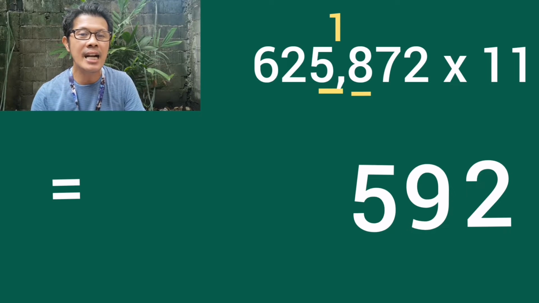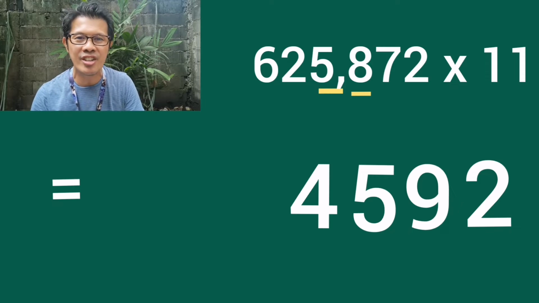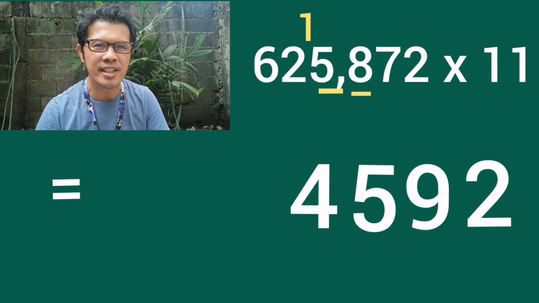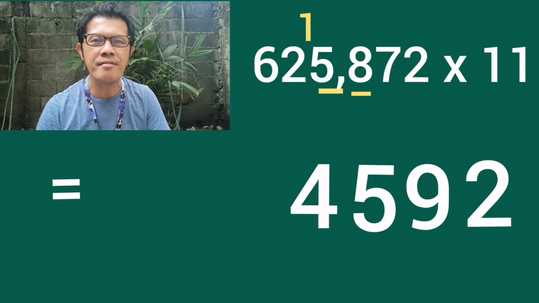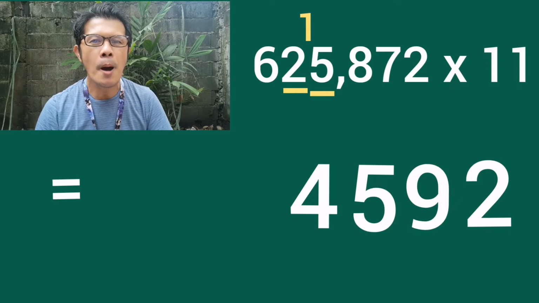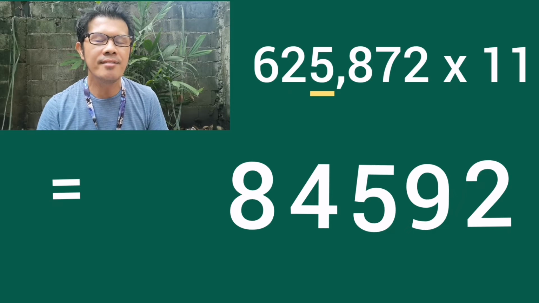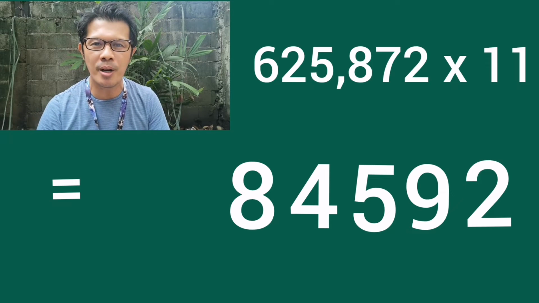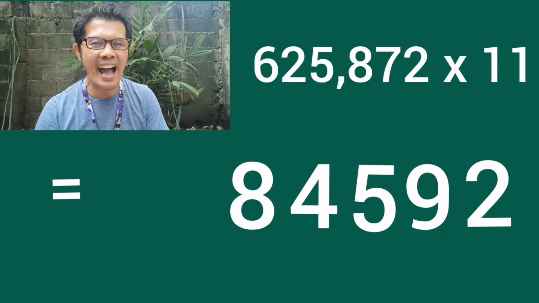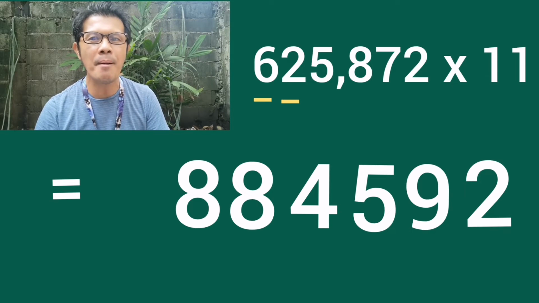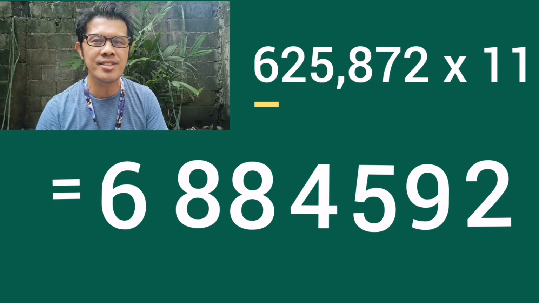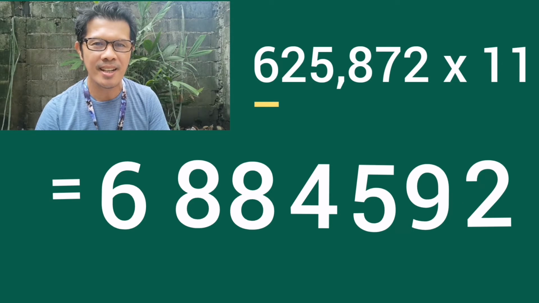From 14, copy 4 as the thousands digit. Then carry 1 to the sum of 2 and 5, which is 7, plus 1 is equal to 8, which is the 10,000th digit of the product. Then add 6 and 2, which is 8. And then copy 6 as the millionth digit of the product.